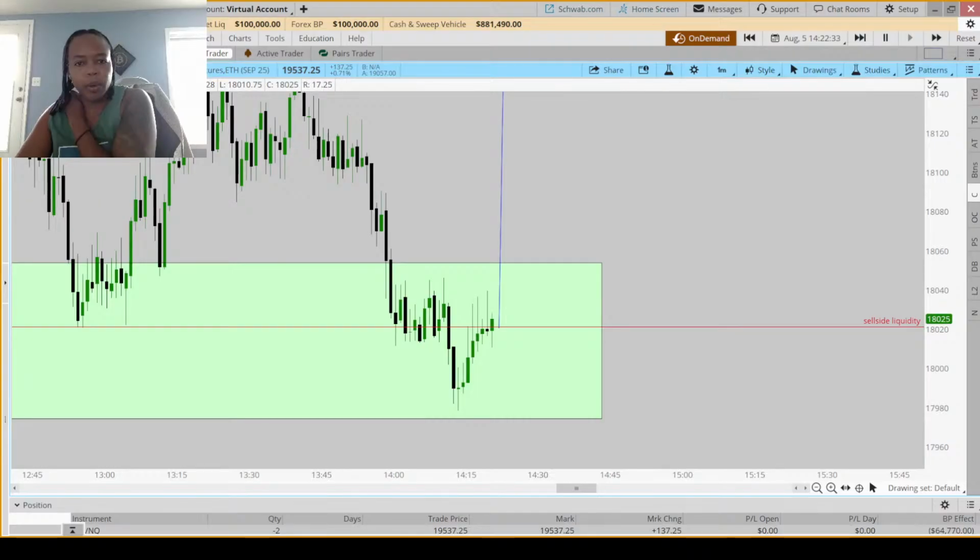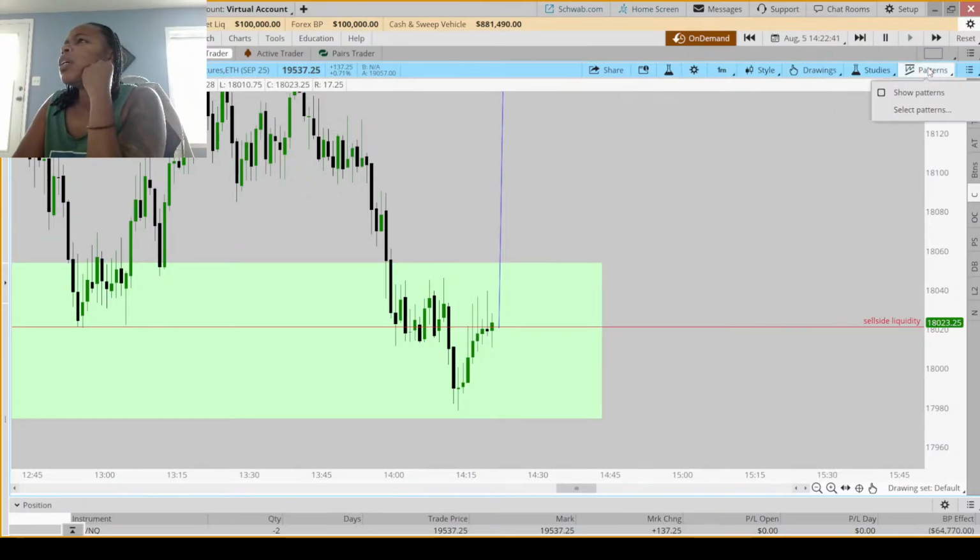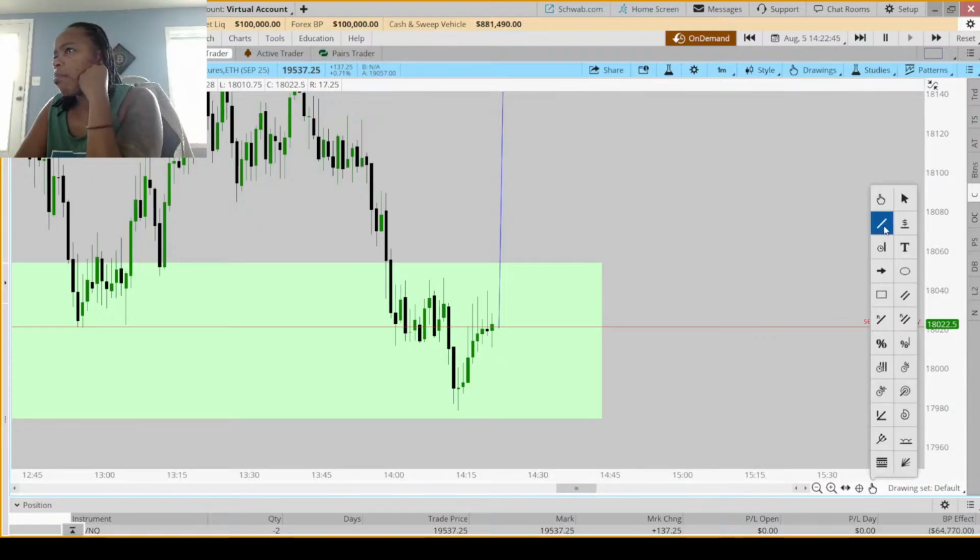Because I don't know if, since I can't measure it in here, I don't think I have any way to measure it in the ticks. Let's see if one of these could do it.